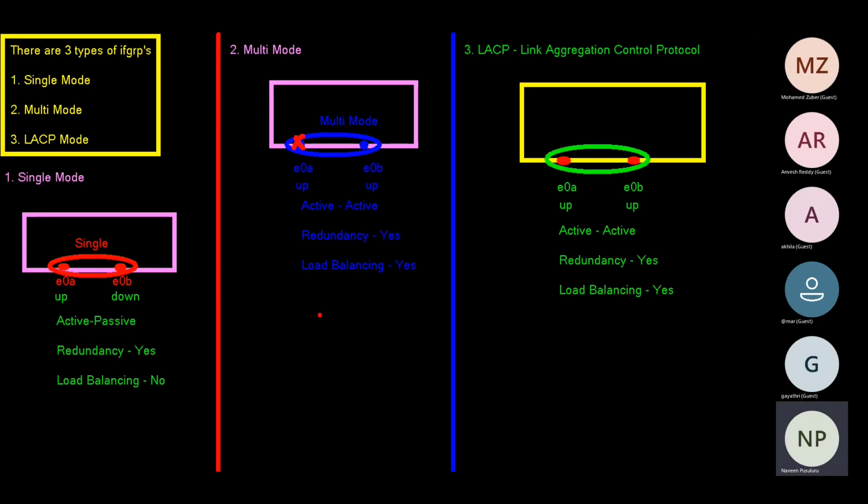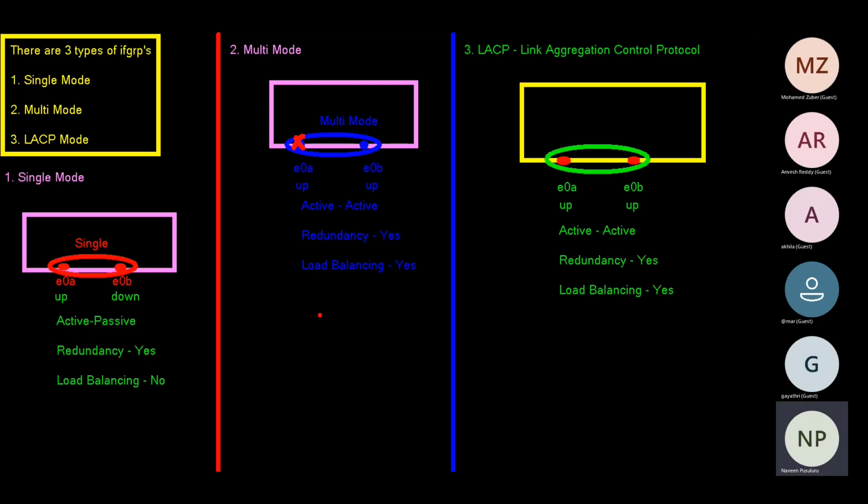Then the ifgroup will not be able to identify that one of the underlying ports went down, and it will keep on trying to push the traffic through that particular port. It will throw alerts, we need to identify it manually, and we have to fail over the traffic. We need to divert the traffic manually via the active port.